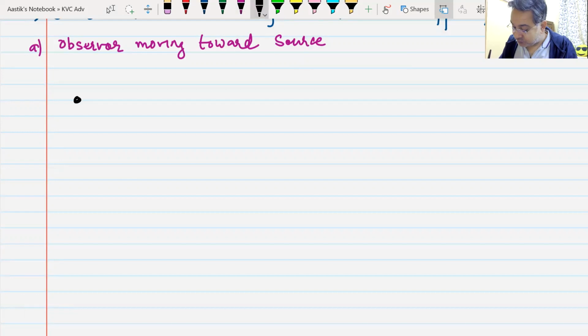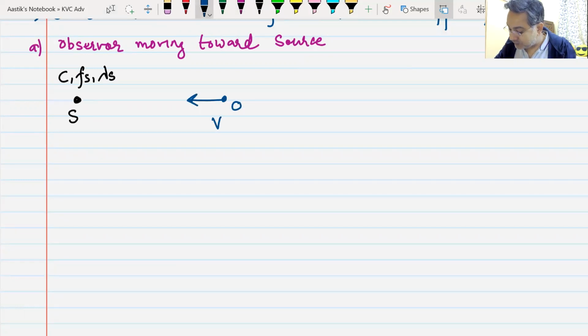So this is the source S. It is stationary, it is not moving. C, Fs, lambda s. Observer moving with a velocity V naught. He receives the sound with C naught, F naught, and lambda is same as lambda s.